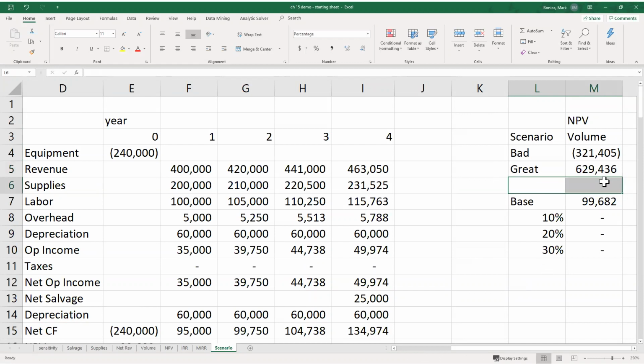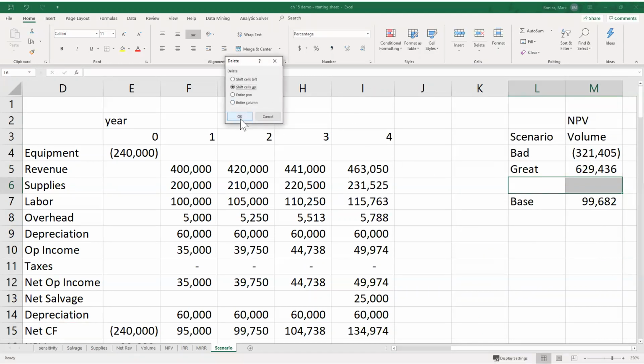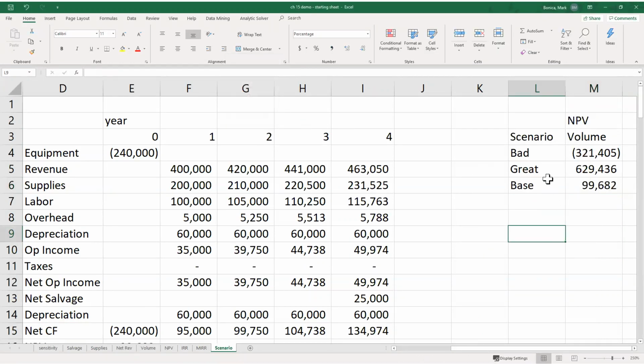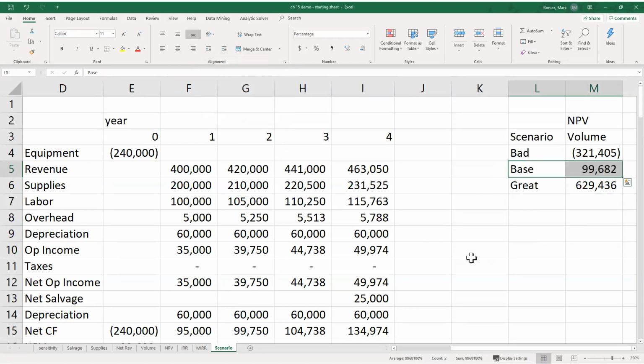So I'm just going to delete it and delete this. Just kind of neaten it up a little bit. And in fact, maybe what we could do is just, I'm going to highlight this and drag it down. There. So now that's kind of pretty.